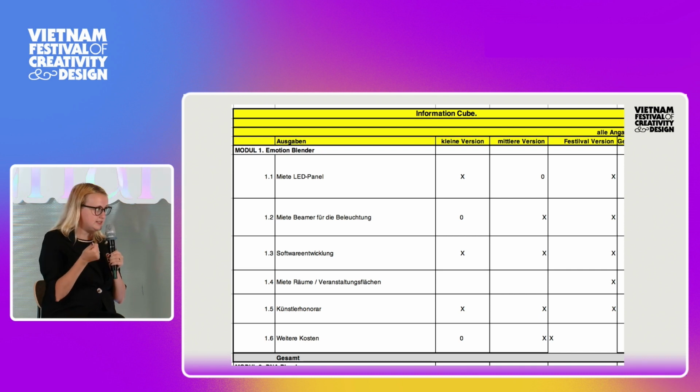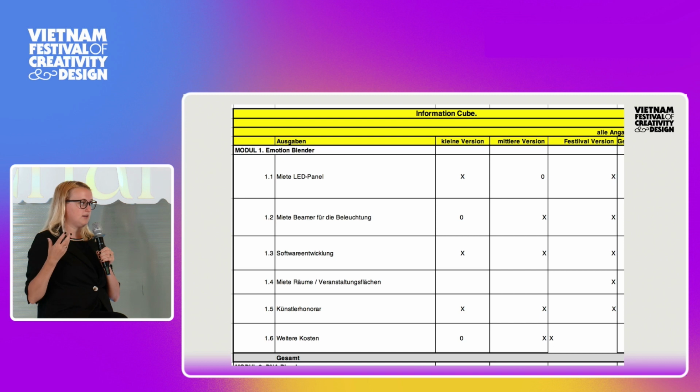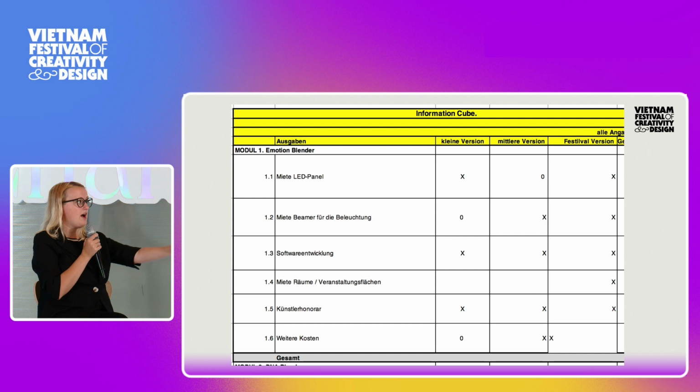It can be an LED panel, or a projector, so we can make a facade mapping. We also need the software, and there is a license for the software. Maybe we also need to rent a location, and we need our fee, and maybe we should think about other costs that can come up, like travel costs to another country.